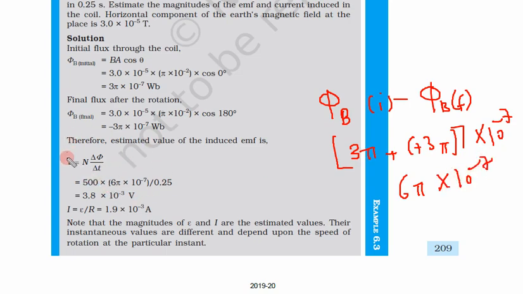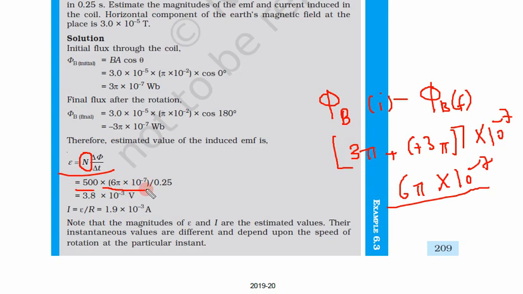Let us put this value here. Now epsilon is equal to delta phi upon delta t. But remember, this time the number of turns in the coil is 500. There is not a single turn but 500 turns, so the value of n is 500. This delta phi is 6 pi into 10 to power minus 7.